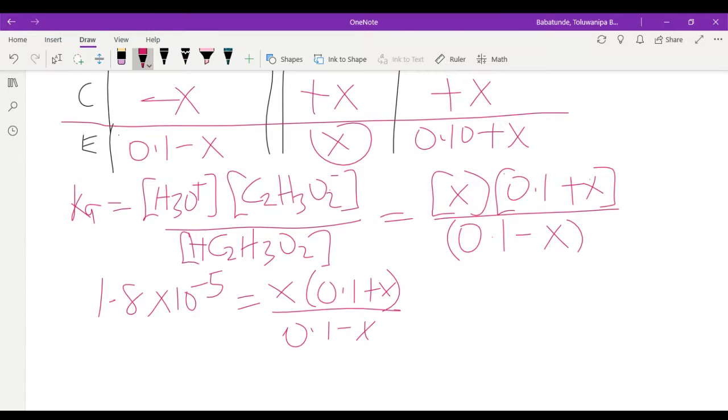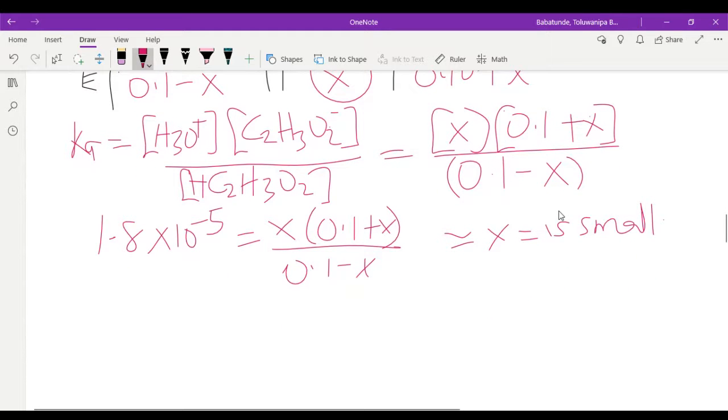So we can assume that x is small. We usually make this assumption so that we can solve our equation. If x is small, then 0.1 plus x and 0.1 minus x are both approximately 0.1.